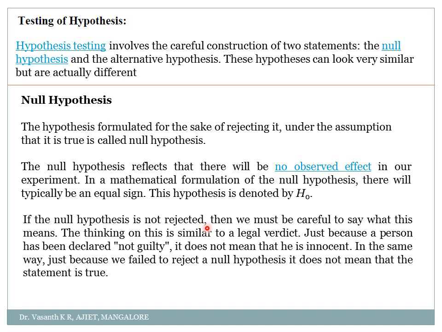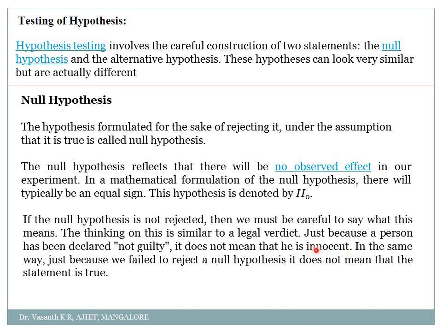Not rejected means he might get a positive result. Then what? Then we have to be very careful. The thinking on this is similar to a legal verdict. Legal verdict means we have to be very, very careful. Just because a person has been declared not guilty, it doesn't mean that he is innocent.